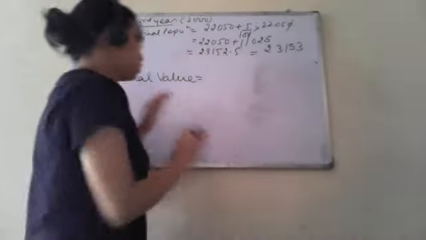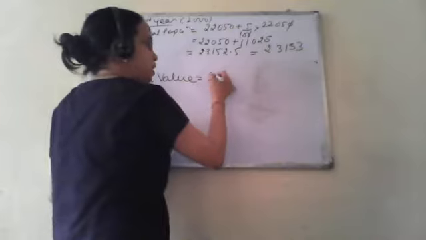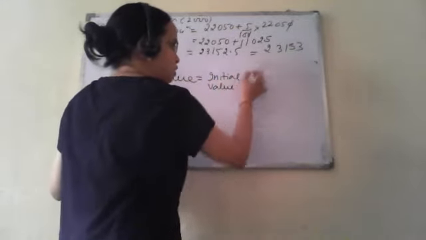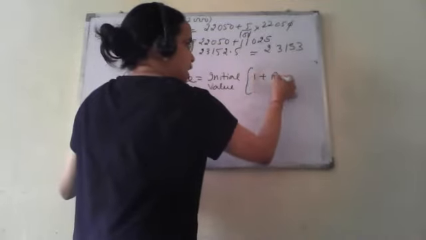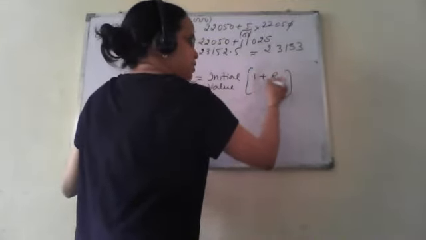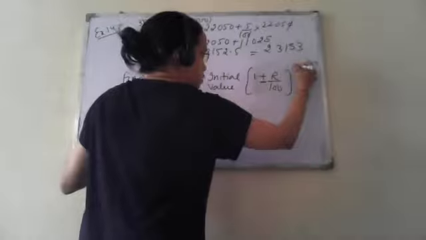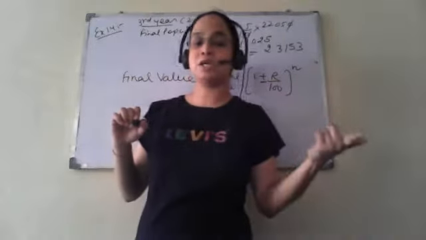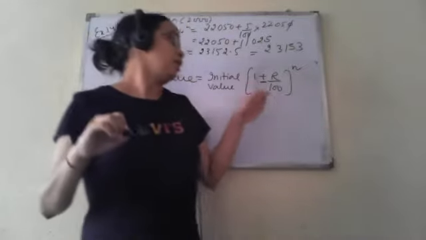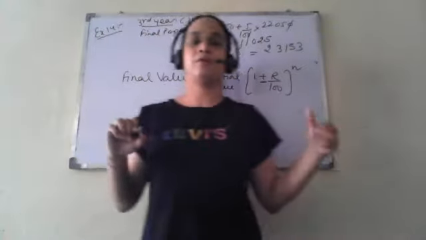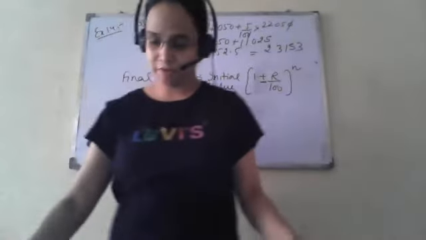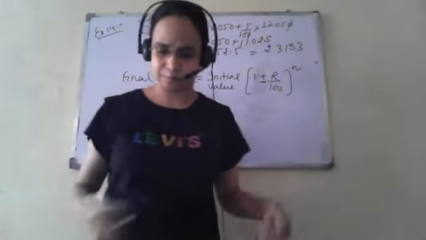So the final value will be initial value into 1 plus or minus r upon 100, to the power n. This is plus in the case where the thing is increasing, and minus in the case where the thing is decreasing, and n is the number of years. So I hope this is clear.